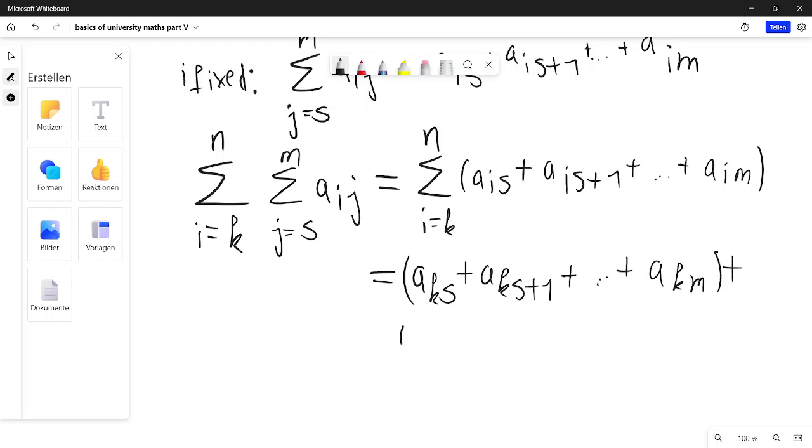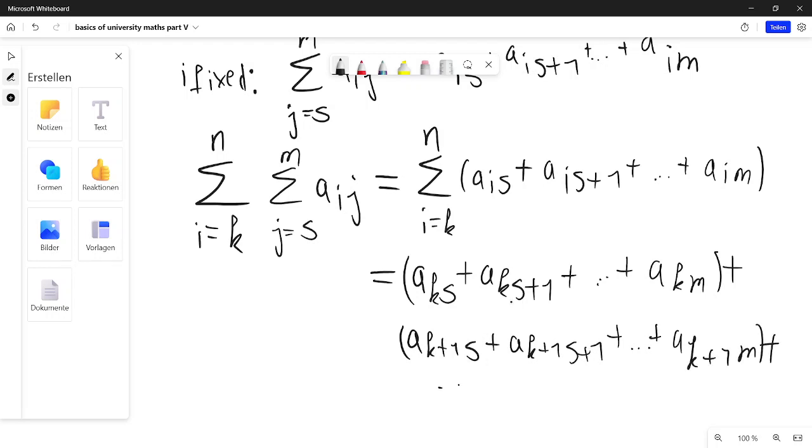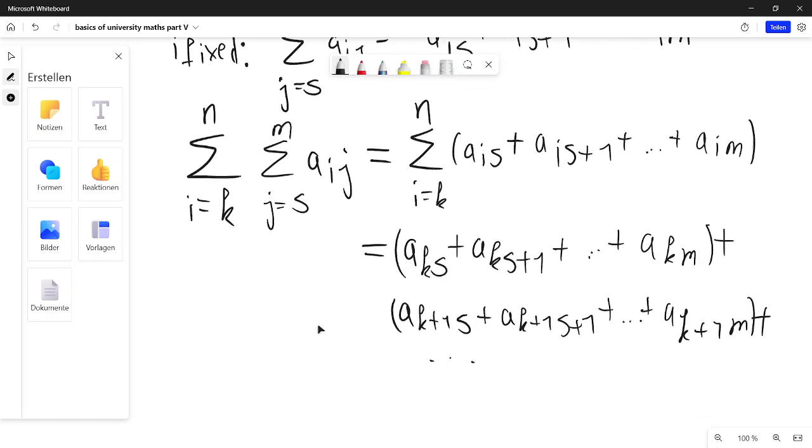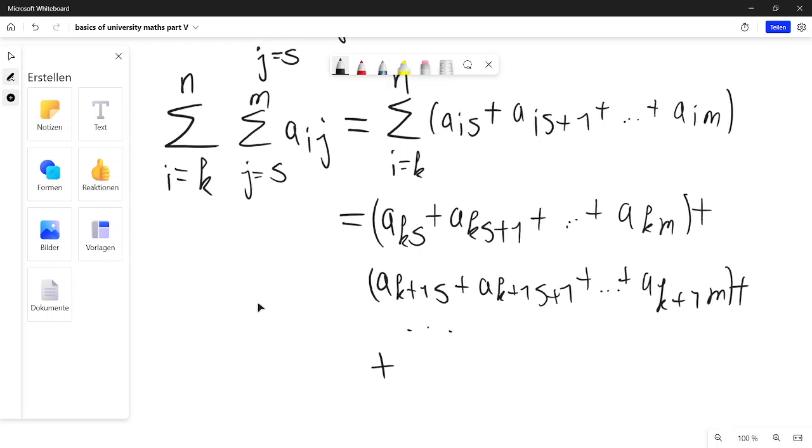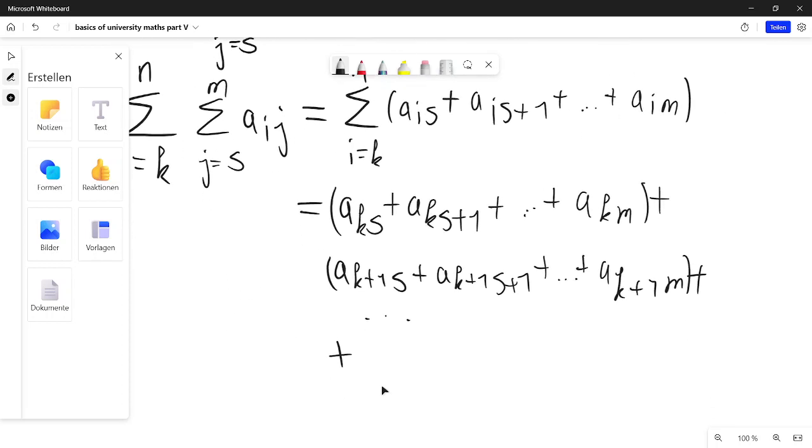Then the next value of i, we have to go through all of them. A_{k+1,s} plus A_{k+1,s+1} plus ... plus A_{k+1,m}, plus, we have to go through all i's, right? And the final one is by n.